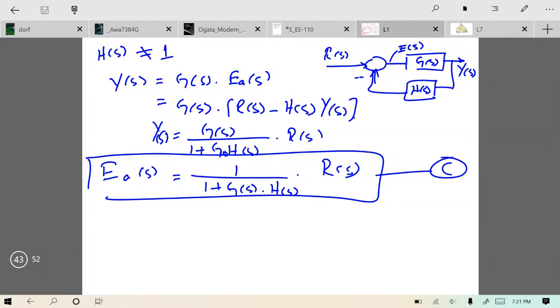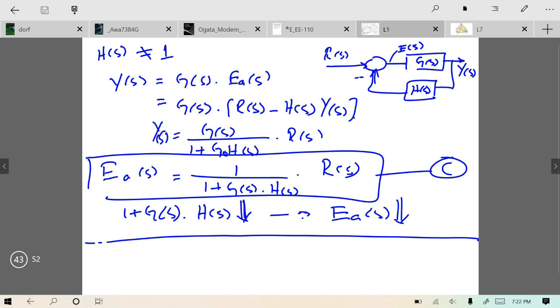In equation C the denominator is 1 plus G of S into H of S, and it is the largest of the three, so the error in this case would be the lowest. Obviously, in order to reduce the error, I have to reduce the 1 plus G of S into H of S term.